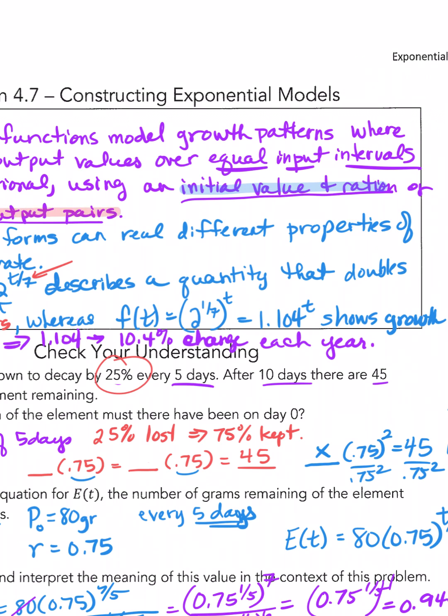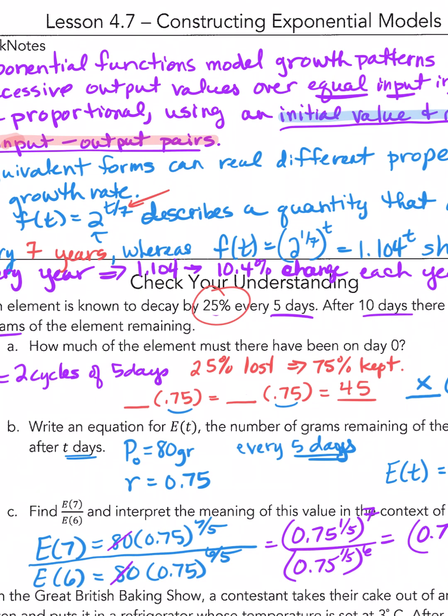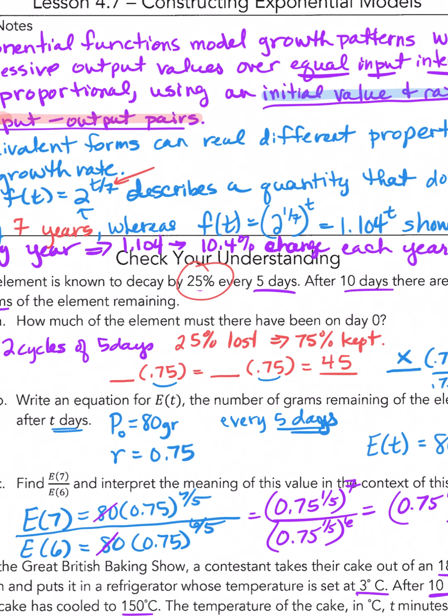The two input-output pairs are like we just saw in number 2. The initial value and a ratio is like what we saw in number 1.